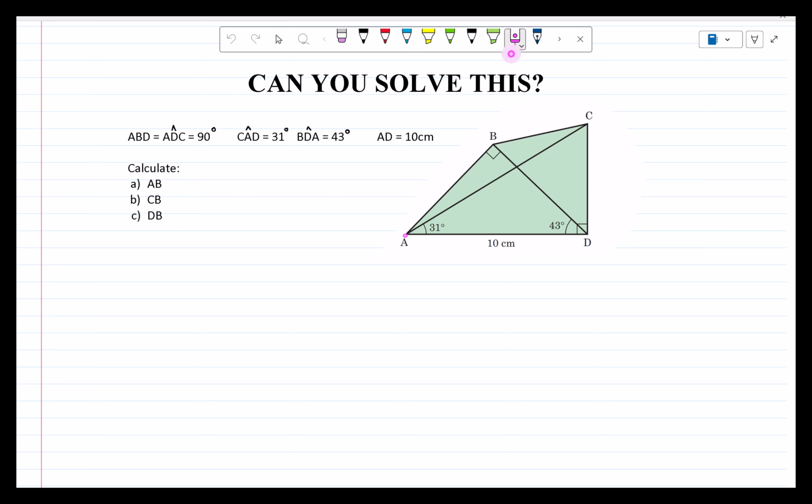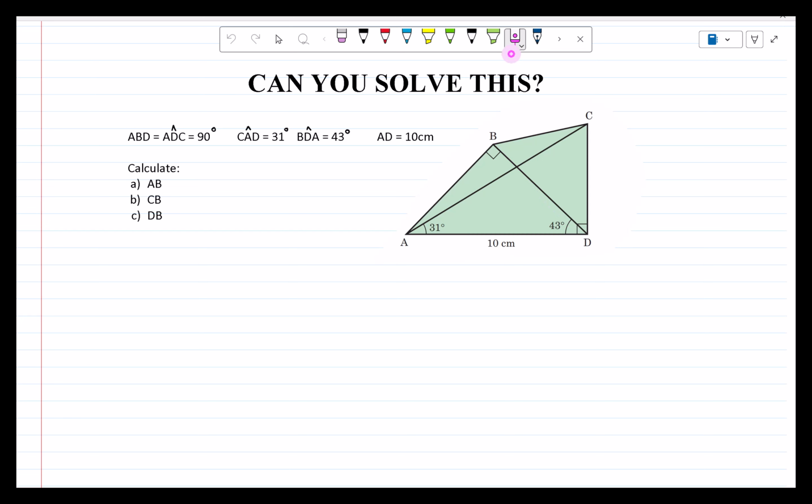ABD, which is the triangle ABD, is equal to ADC, that is ADC. And we're given that CAD, which is this angle right here, is 31 degrees. And we're given that BDA, which is this angle BDA, is 43.